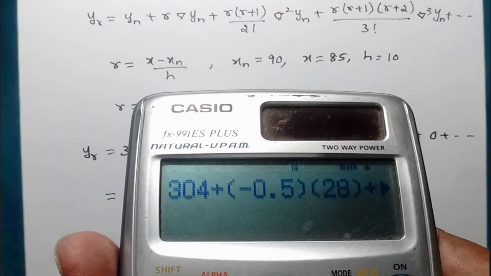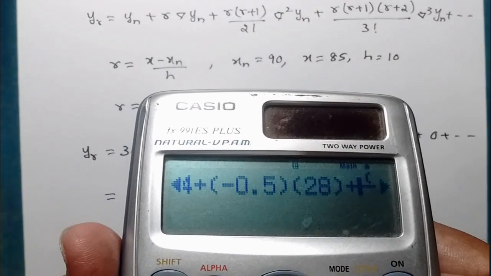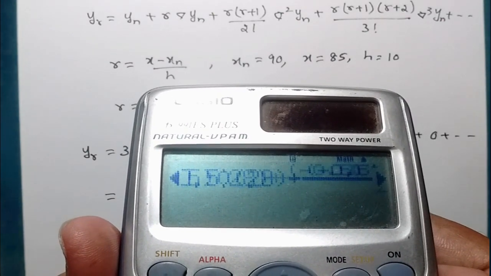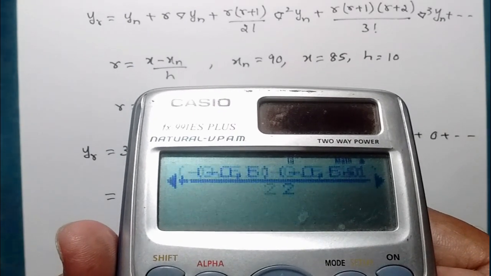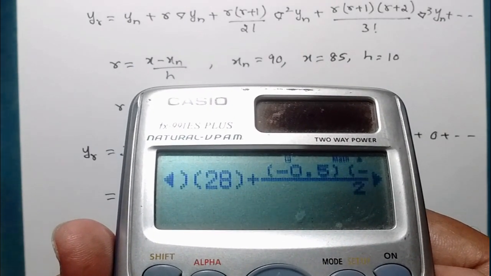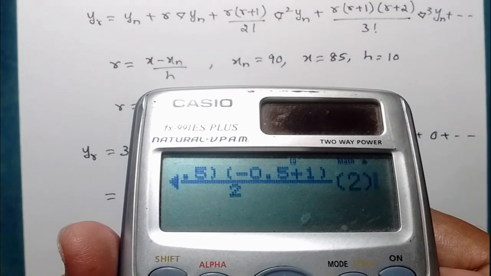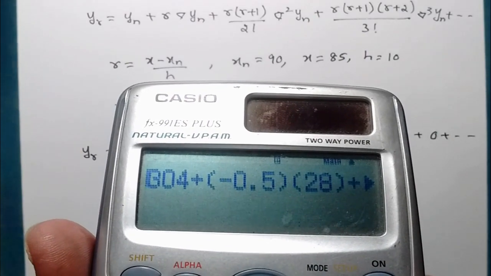So what is the value you have? Its value will be how much?